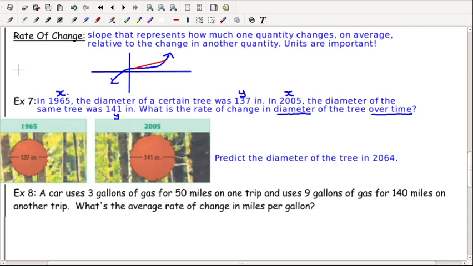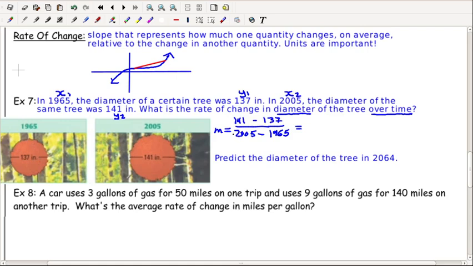So why don't we call this one x1, this one y1, x2, y2. Here we've got a picture of our tree. This is our x1, y1, x2, y2, and then we're just going to apply our slope formula. So our y2, 141 over 2005 minus 137 over 1965.